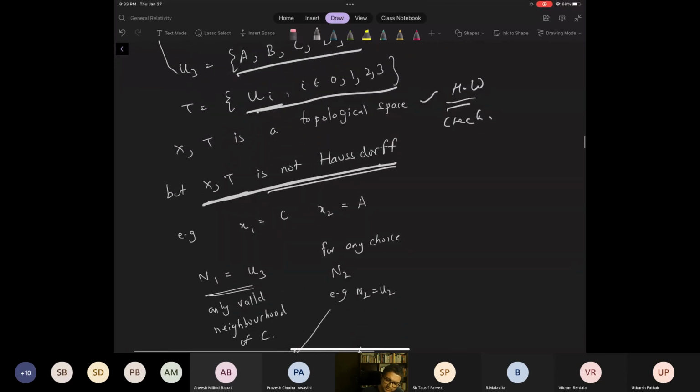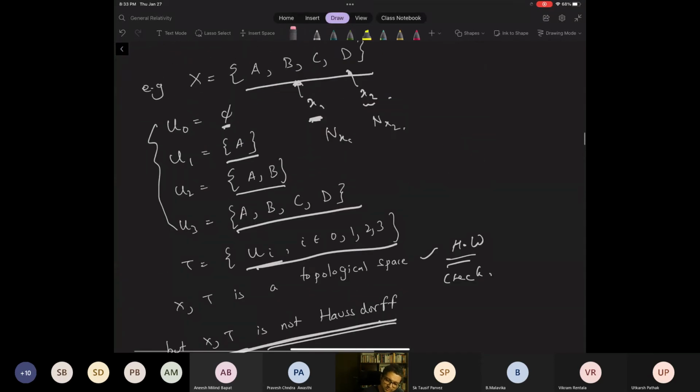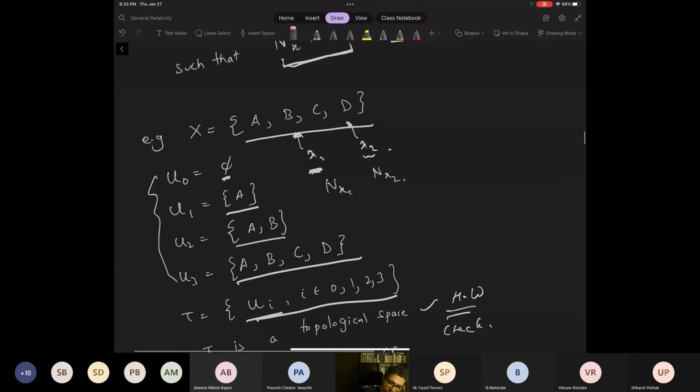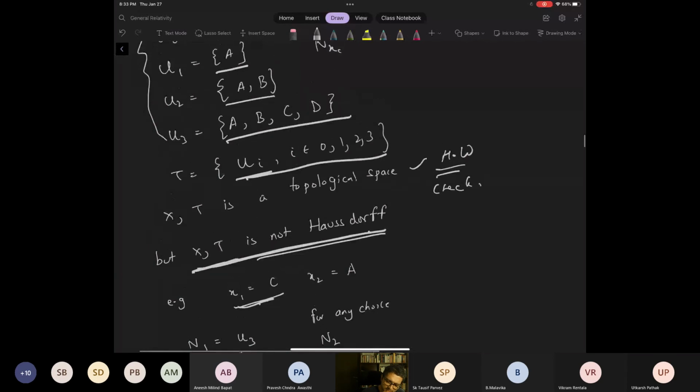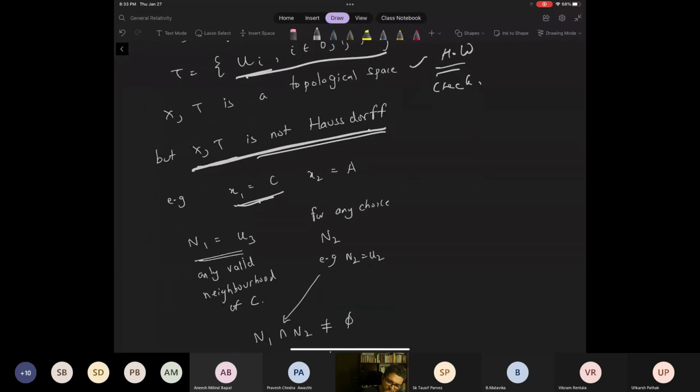So for example, suppose I take x1 equal to C and x2 equal to A. This is x1, this is x2. Then let me construct one neighborhood.